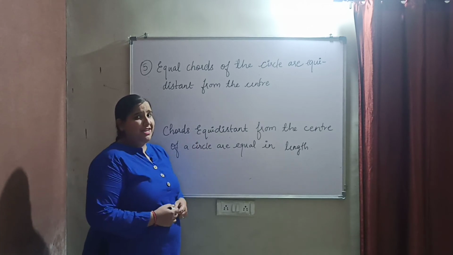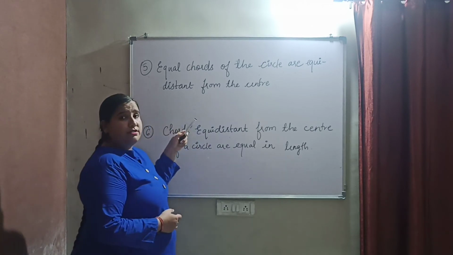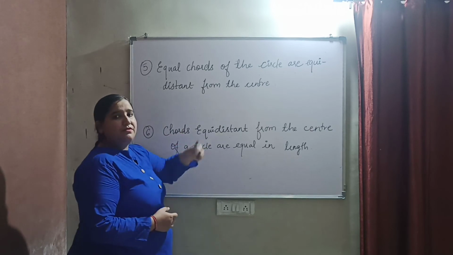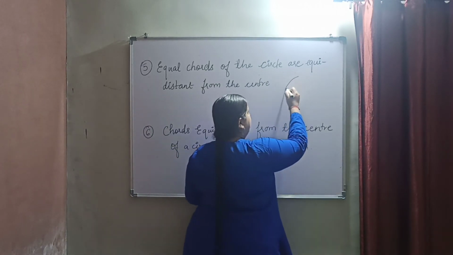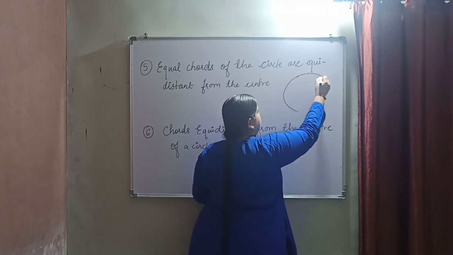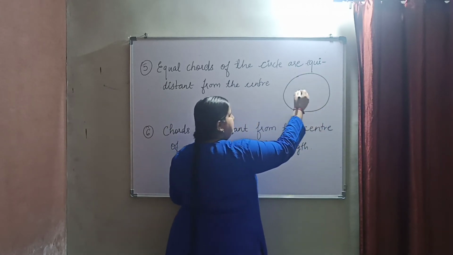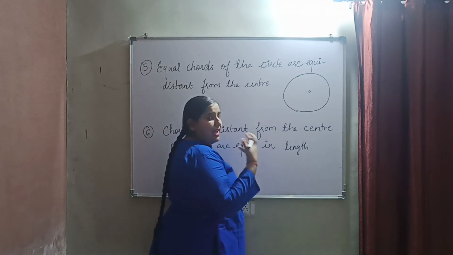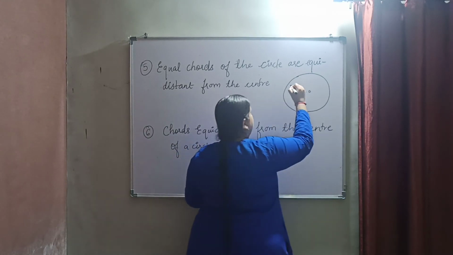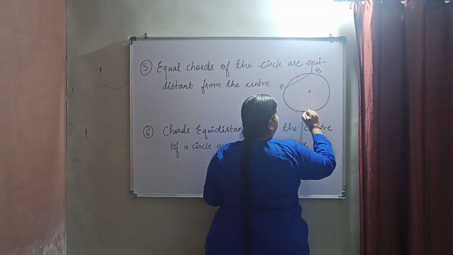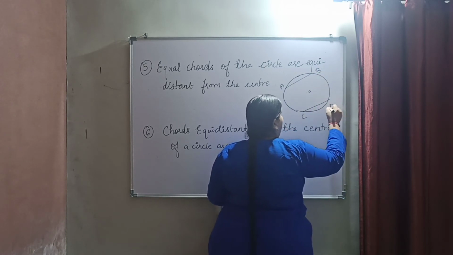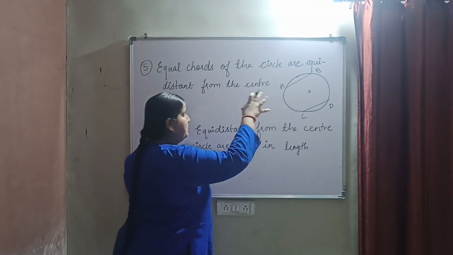Theorem number 5 says that equal chords of the circle are equidistant from the center. Let us understand what it means. Suppose you are having a circle which is having a center O and it is having two chords. Suppose chord AB and again you are having another chord CD. And it is given that AB is equal to CD.